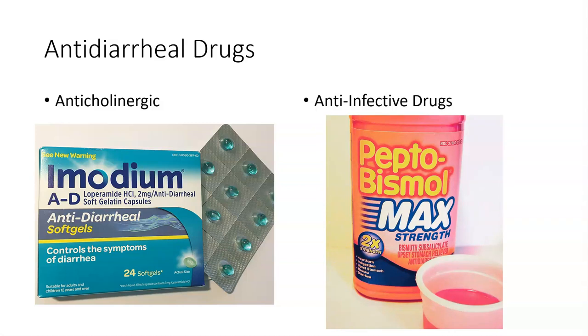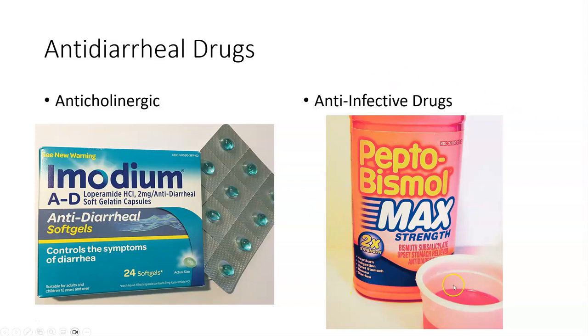Now, if it's caused by an infection or something infectious, like food poisoning, we would use an anti-infective drug, something like bismuth subsalicylate, Pepto-Bismol. This is going to cling to the bacteria and their waste products, and it's going to coat the stomach and protect it, and coat the intestines and protect it. So it's kind of helpful.